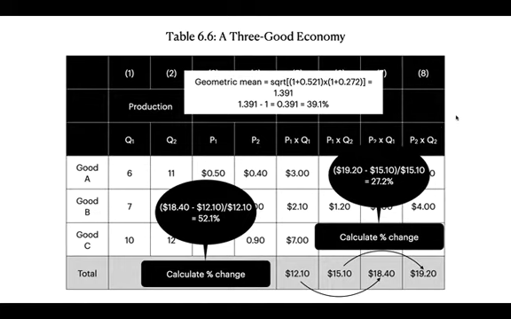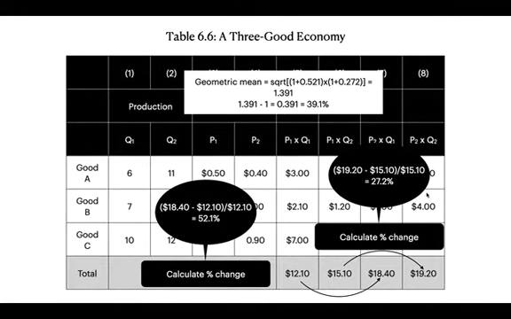So we have 1.521 multiplied by 1.272. And then we take the square root of that, which gives us 1.39. So we take 1.39 and we subtract 1 off of that. That gives us 0.391, and that is 39.1%.